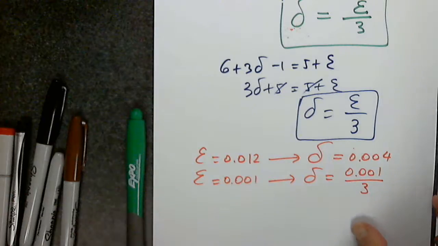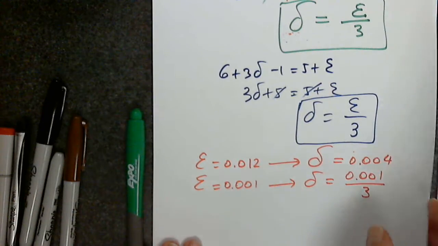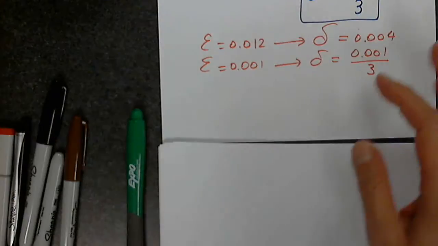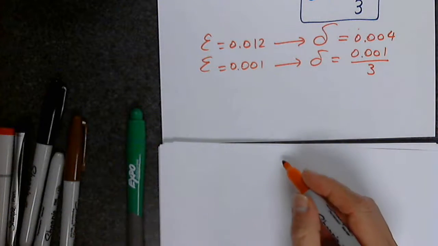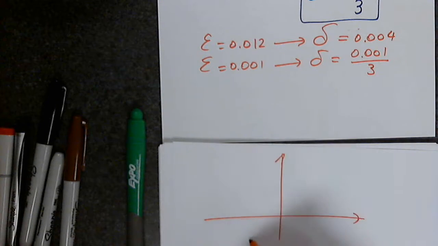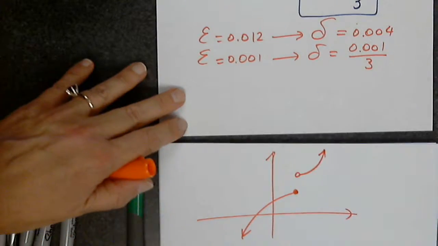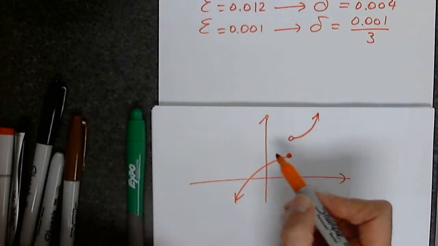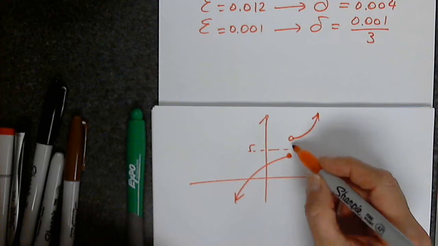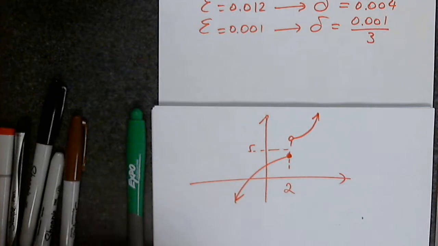Let me give you an example in which the limit does not exist, and this mechanism doesn't work. Here's an example in which the limit does not exist. So let's say I have here 5, and let's say I have here 2.